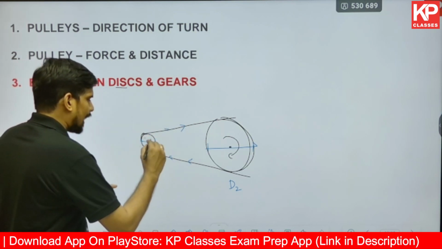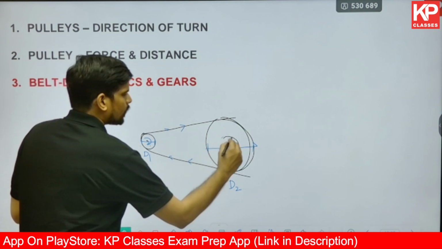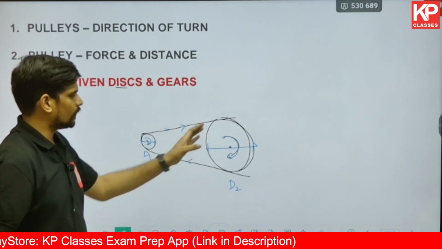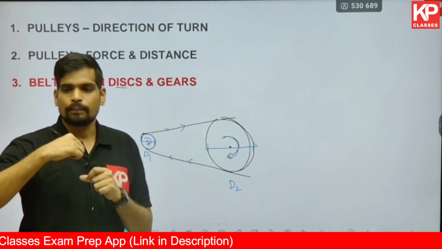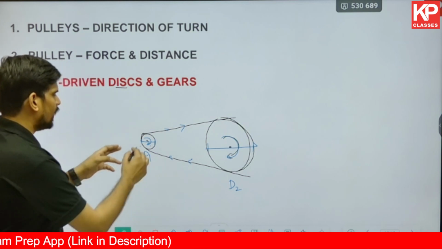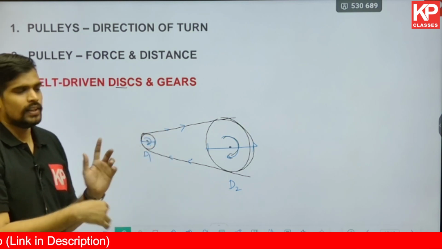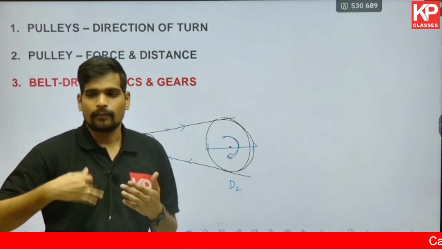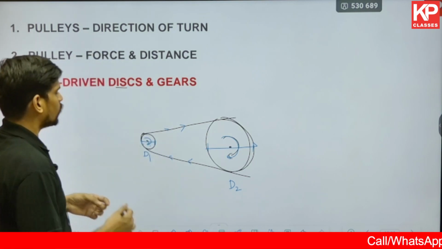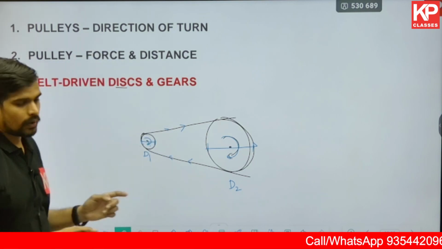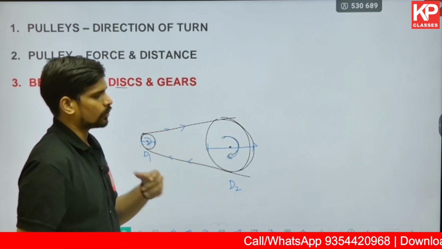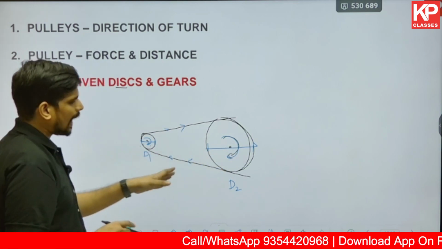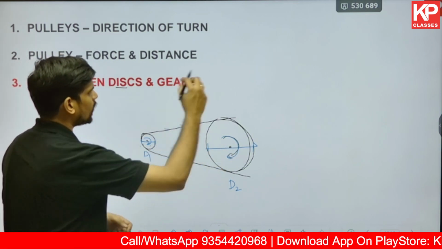The smaller disc has to move a larger number of times for every one cycle of the larger disc. If this is rotating one time, to cover the same length of the belt, this has to rotate a lot of times. So always in such systems, the smaller disc will rotate at a higher speed. The rotational speed will be high at this point, and less at this point. So size and rotational speed are inversely proportional, remember that.